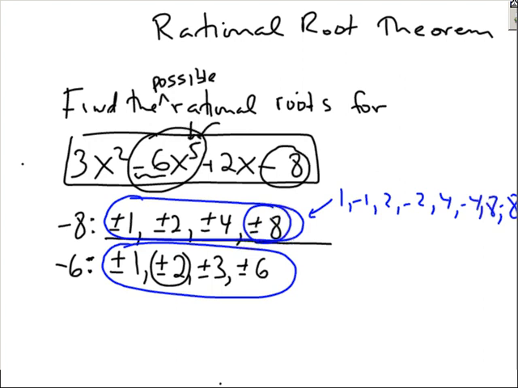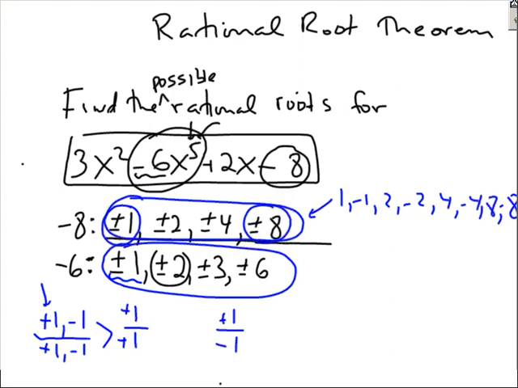Okay, now let's be more careful. So we're going to take plus minus 1 and divide by plus minus 1. That is, we have positive 1 or negative 1 that we can put on the top, and on the bottom, plus 1 or minus 1. We can get 4 fractions. I can put plus 1 on top and plus 1 on the bottom. Or I can put plus 1 on top and minus 1 on the bottom.